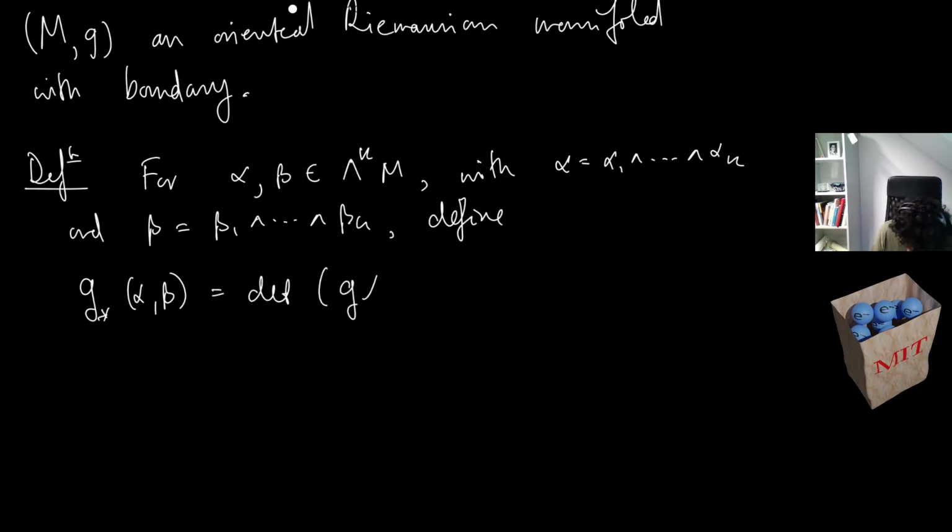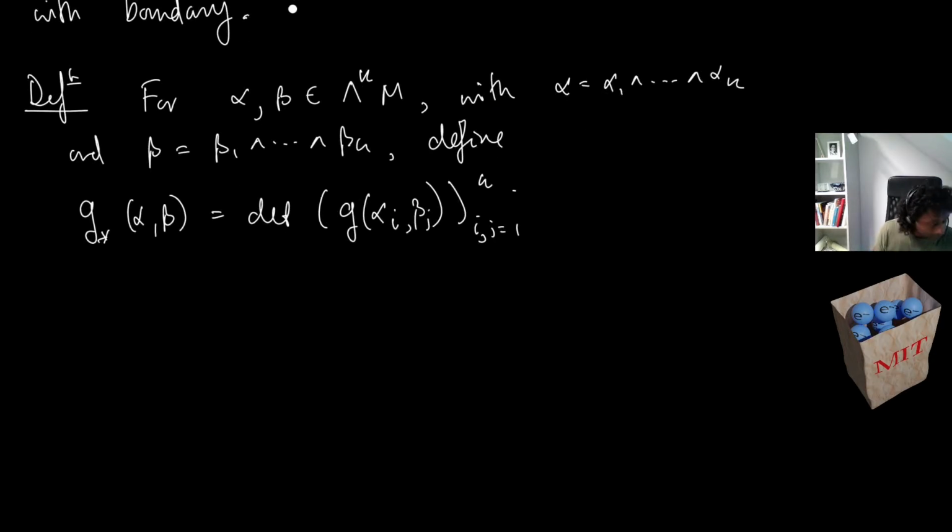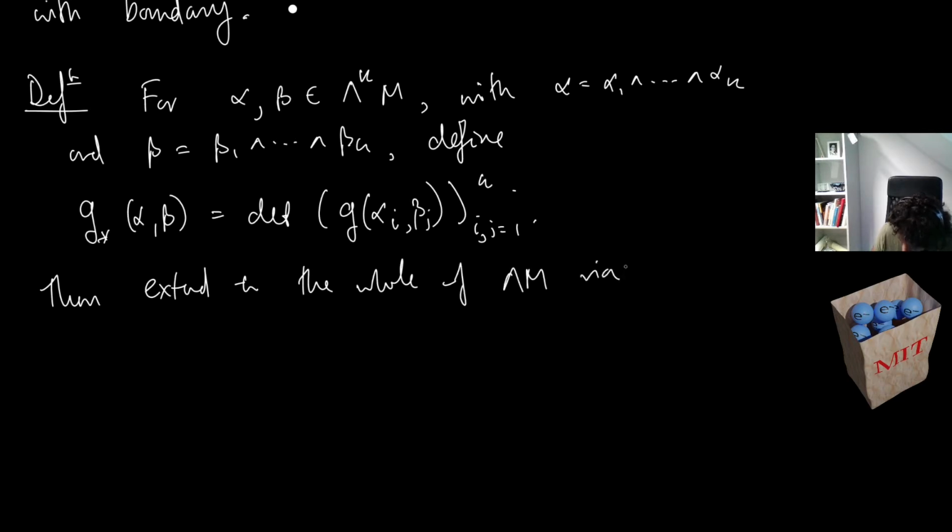So these are just covectors, alpha i, beta j, i, j equals 1 to k. Okay, and then extend to the whole of the exterior algebra via linearity.